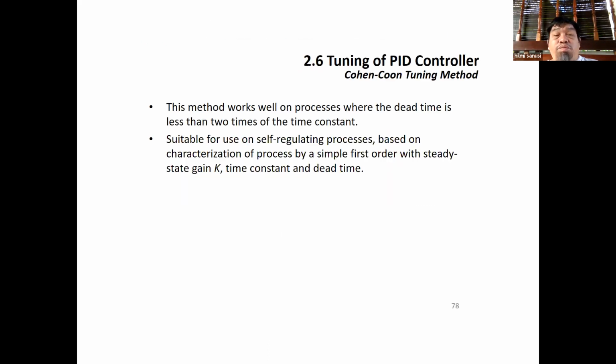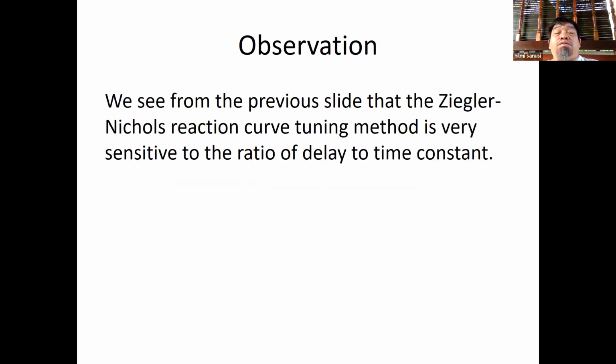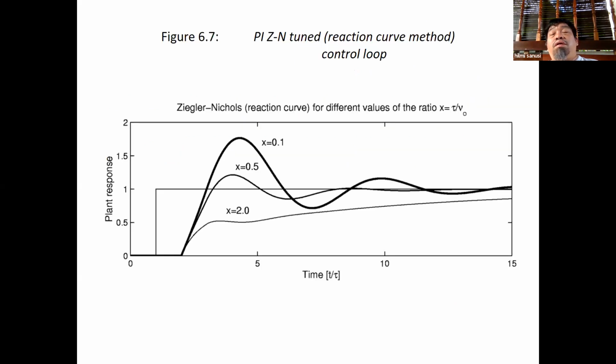So this method works well on the process where the dead time is less than 2 times of the time constant. So kalau misal kata kita tengok sini ni, this is dead time, the tau dengan the time constant.